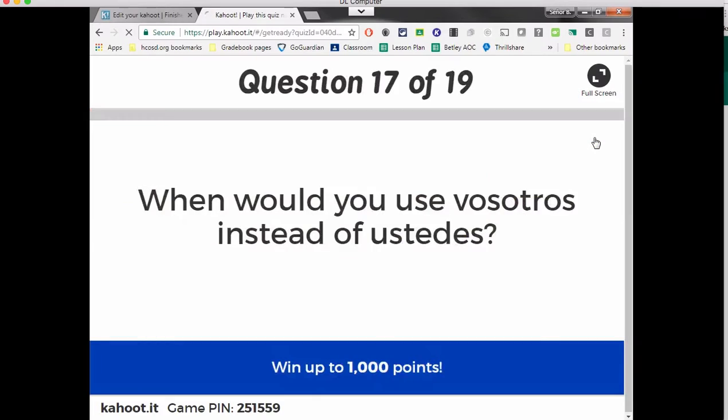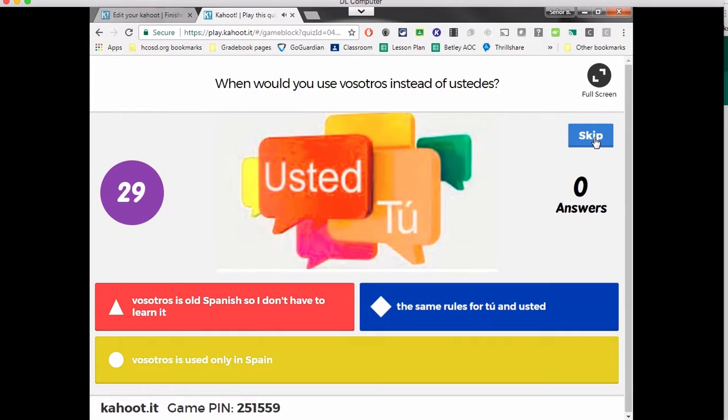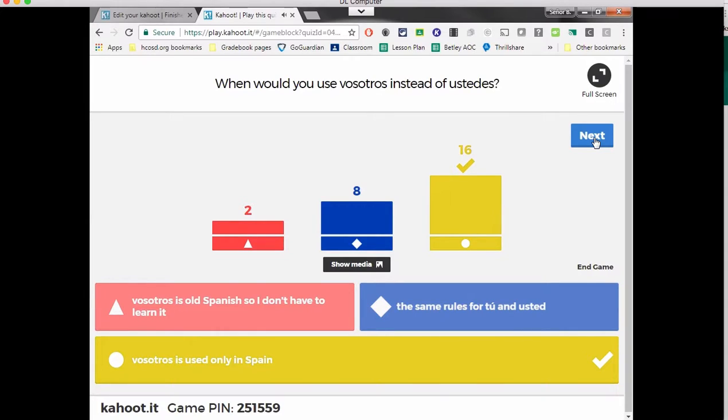Now, when would you use vosotras instead of ustedes? When would you use it instead of ustedes? Okay, vosotros is only used in Spain, guys. It's not used anywhere else but Spain.